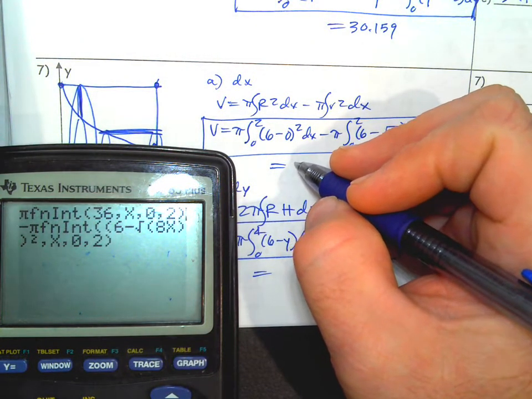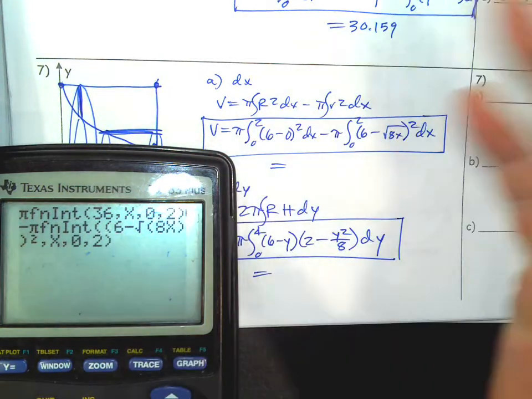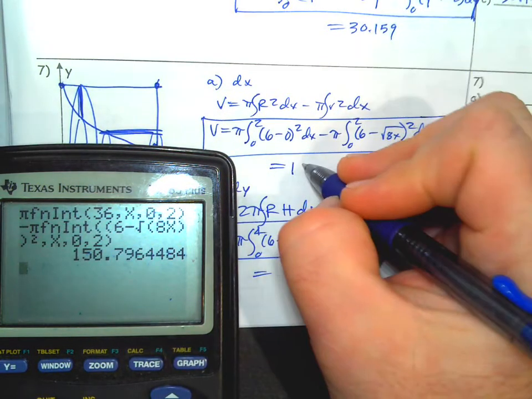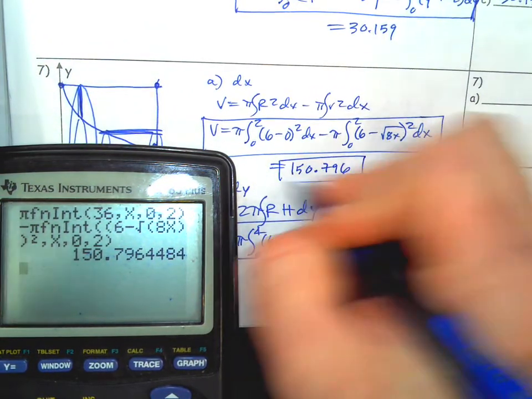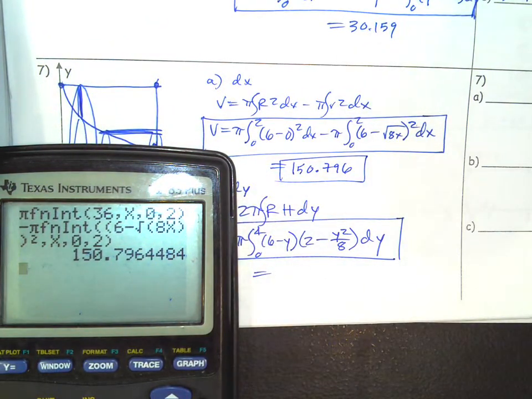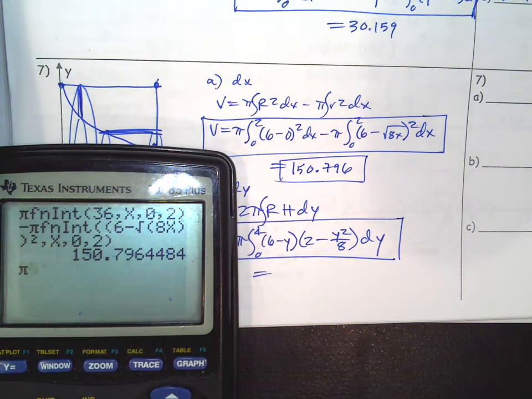Just relax, take a deep breath while you're waiting for your calculator to finish. Okay, either answer should be 150.796. Okay, let's try the other one. Pi, math 9, parentheses 6 minus x, 2 minus x squared divided by 8, comma x, comma 0, comma 4. Should be the same answer.